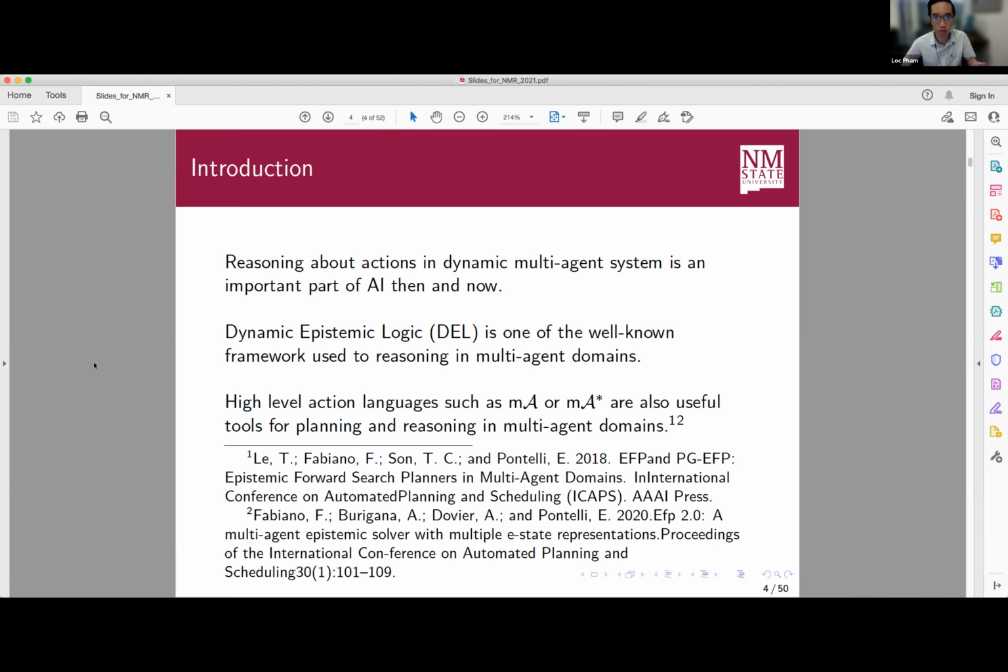But there are also some high-level action languages, such as MA Star, that can do planning or reasoning in multi-agent domains too. Our long-term project is to build a planning system using MA Star. In this work, I would like to illustrate that using MA Star, we can derive the same conclusion as using dynamic epistemic logic in some domains.